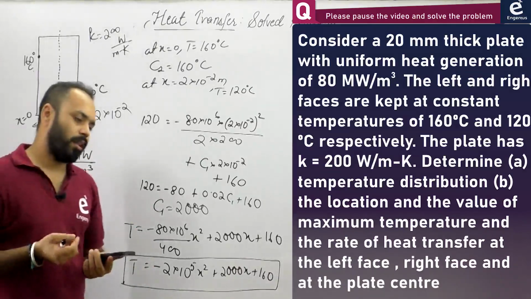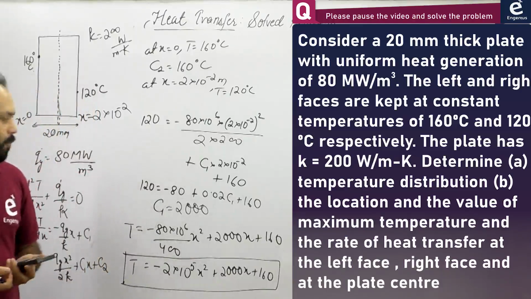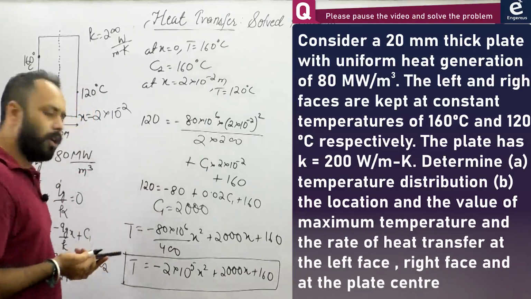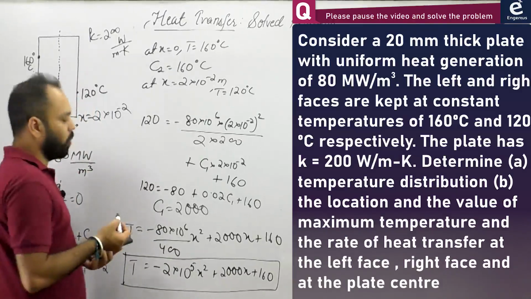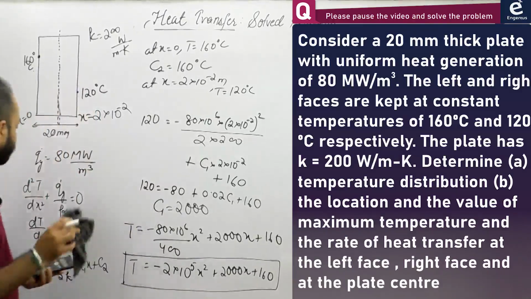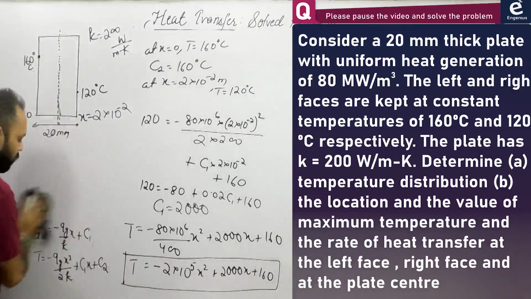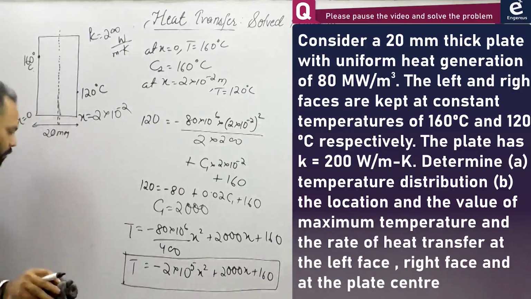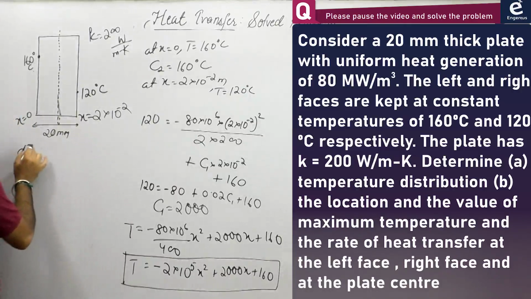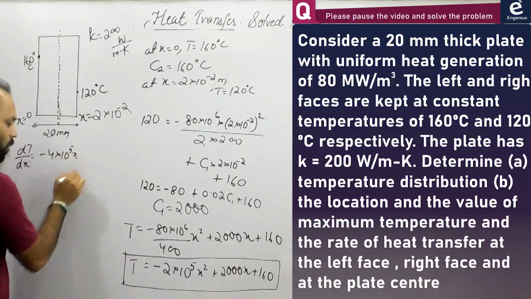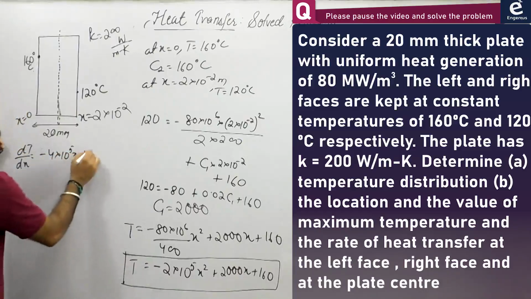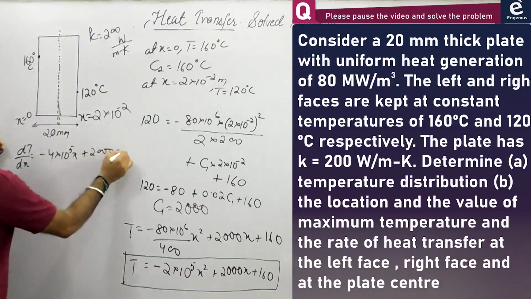The second question says that the location and the value of maximum temperature. So for maxima you know that dT by dx must be equal to 0. So what is dT by dx? You can calculate dT by dx here. So dT by dx is equal to minus 4 into 10 power 5 x plus 2000, and that has to be 0.